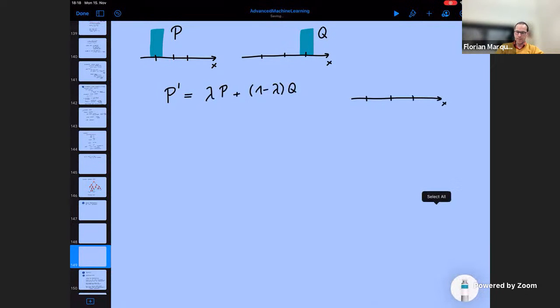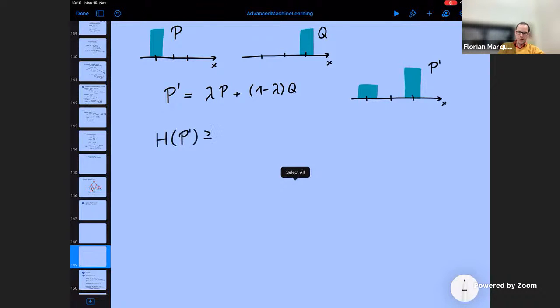So depending on the value of lambda, maybe there is only a little contribution from the P distribution and a lot of contribution from the Q distribution. In any case, I have a mixture. And what you immediately see is, of course, the entropy of this will have become larger. So what is true in general is that the entropy of that distribution is larger, or at least equal, than the corresponding weighted sum of the individual entropies.